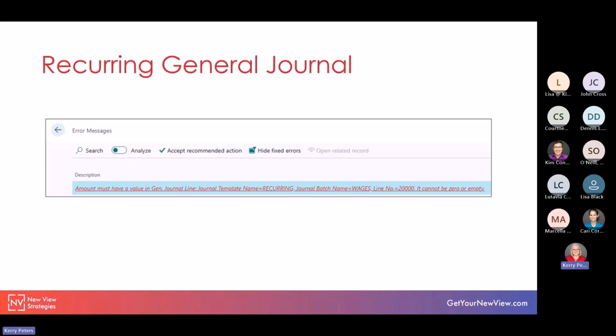That's a lot of additional work, and this often prevented users from utilizing recurring journals for journals where maybe they should be using recurring journals, but they sometimes have those $0 lines and don't want to use one of those workarounds. So they may just use a general journal instead. But we now have the ability to be able to post those $0 lines without any error messages.